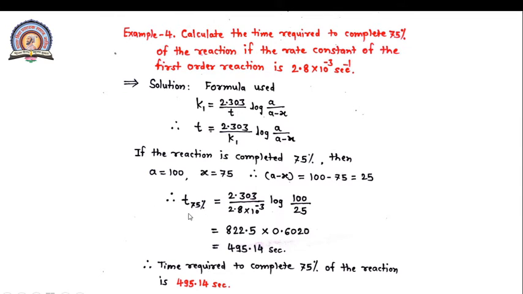Therefore the time required for 75% reaction is t = 2.303 / (2.8 × 10^-3) × log (100/25). This becomes 822.5 × 0.6020, the log of 100/25. Multiplying these values, the time required for 75% reaction is 495.14 seconds.